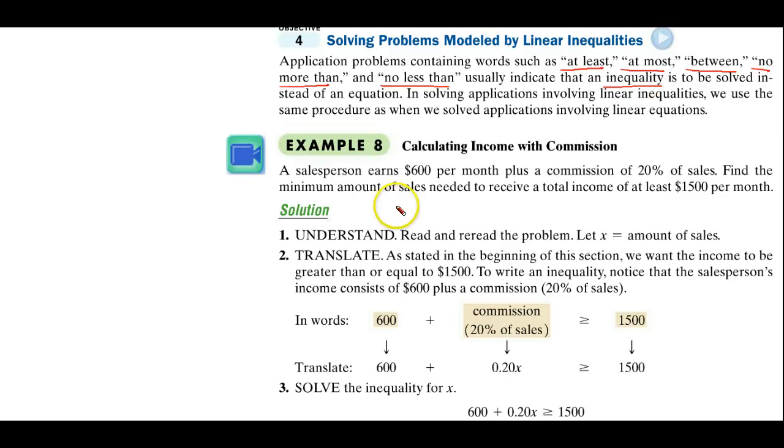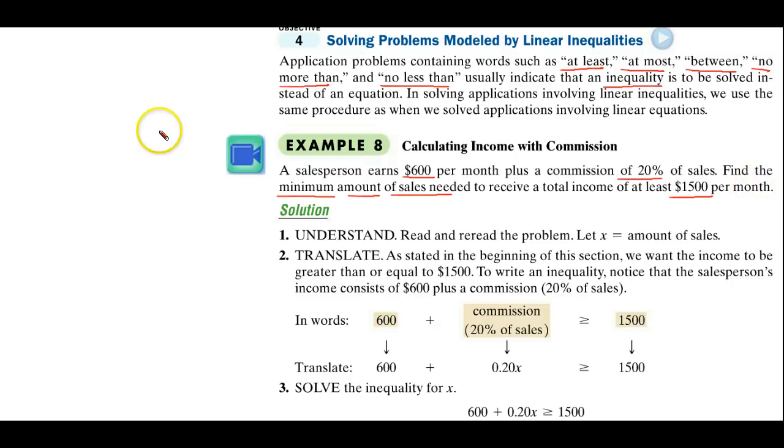All right, so let's take a look at this one. A salesperson earns $600 per month plus a commission of 20% of sales. Find the minimum amount of sales needed to receive a total income of at least $1,500 per month.